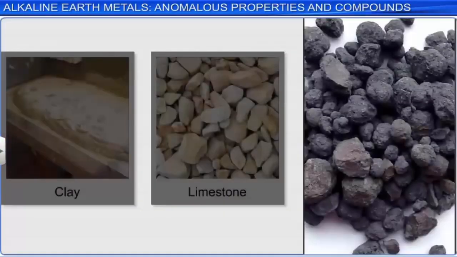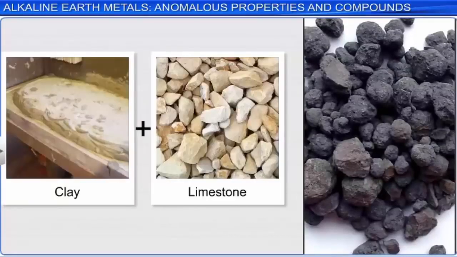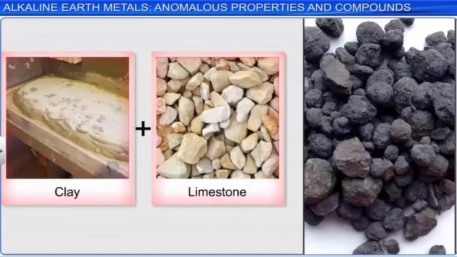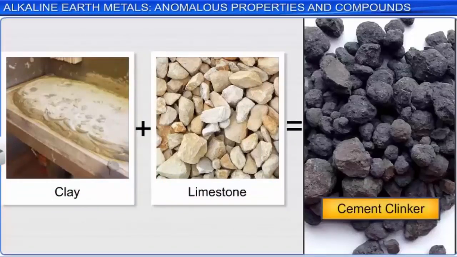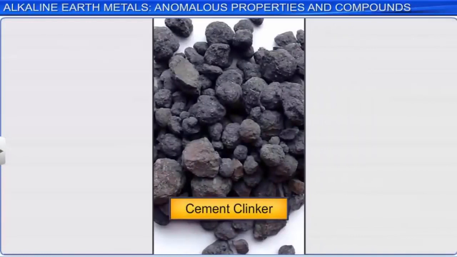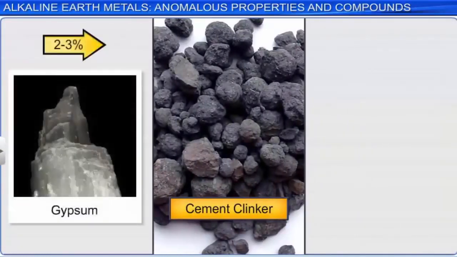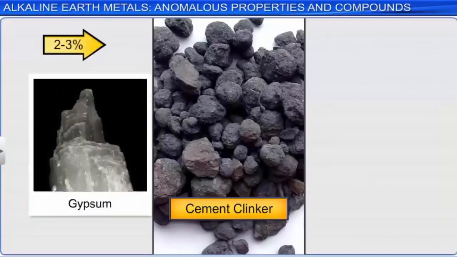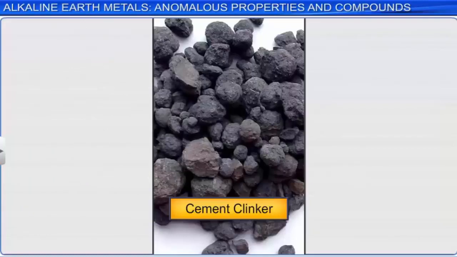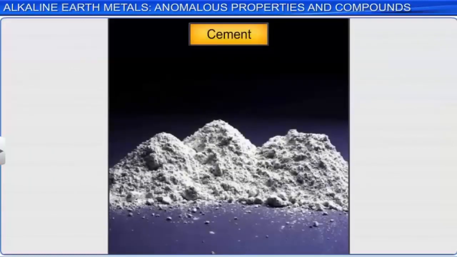Cement clinker is formed when clay and lime are strongly heated. They fuse together to form cement clinker, shown in the photograph. To form cement, 2 to 3% gypsum by mass is added to the cement clinker. This mixture is then ground to make cement.